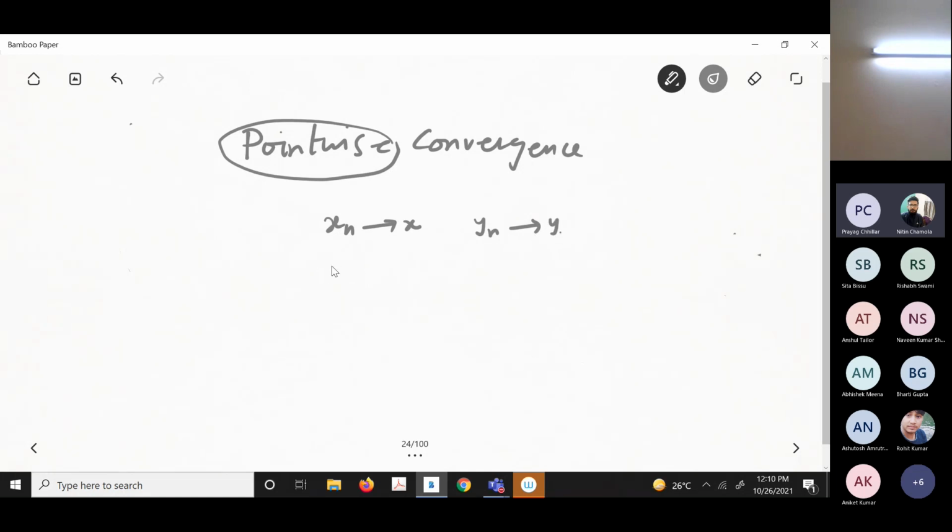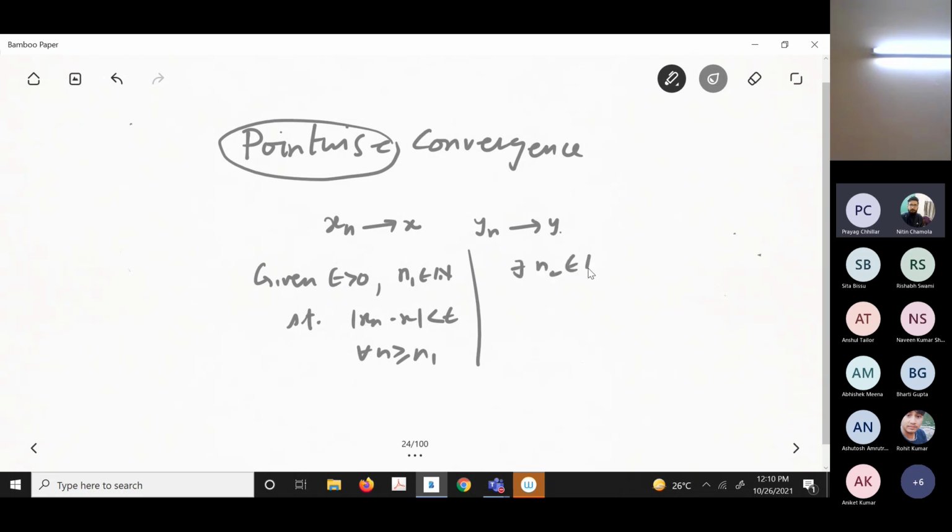So you will get this: given epsilon greater than 0, you will get n1 such that |xn - x| < epsilon for all n greater than or equal to n1. And for the same epsilon, there exists n2 belonging to N such that |yn - y| < epsilon for all n greater than or equal to n2.